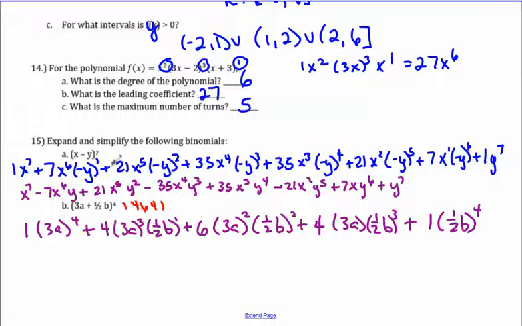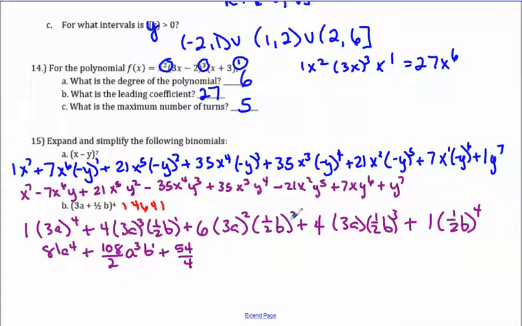And now we need to simplify. 3 to the 4th is 81, so 81a to the 4. 3 to the 3rd is 27, and then 27 times 4 is 108. But that's also times 1/2, so that's going to be half of 108. A is to the 3rd, and b is to the 1st. Okay, 3 squared is 9, and 9 times 6 is 54. 1/2 squared is 1/4, so that's times 1/4.